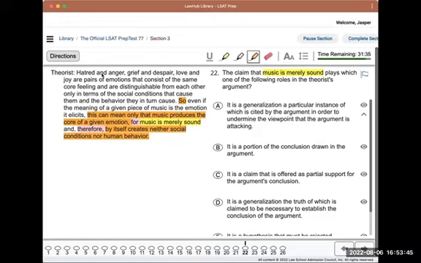So the core feeling of those pairs rather than one specific emotion. But yeah, based on the structure here, what we're seeing is this statement supporting a statement that then supports the main conclusion.